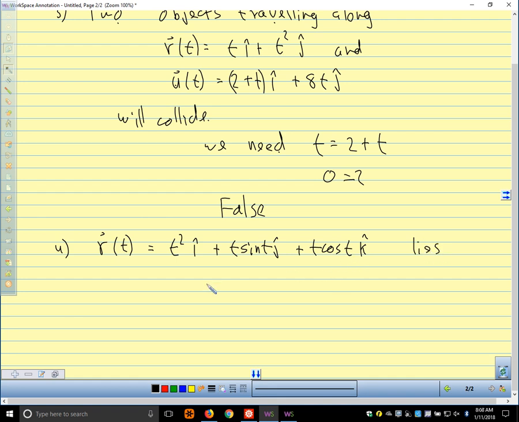So the question is, this curve lies on the paraboloid x equals y squared plus z squared. The curve that we talked about last time was on a cylinder. This is asking, is this curve described by this vector valued function on this paraboloid?